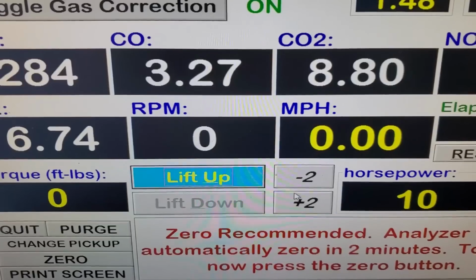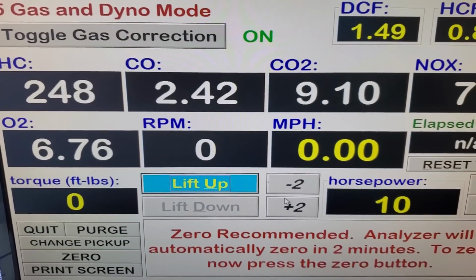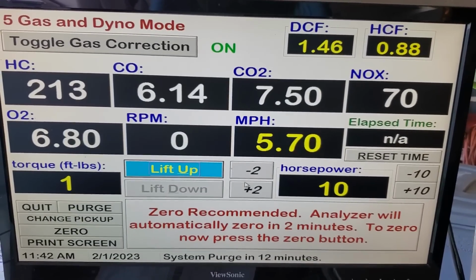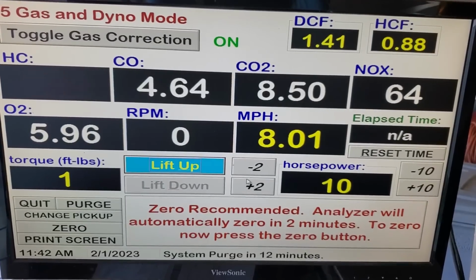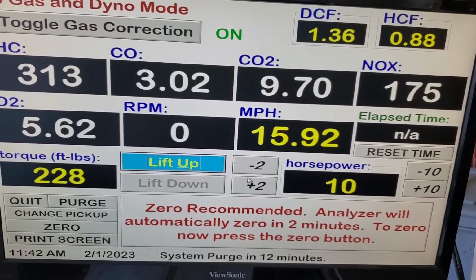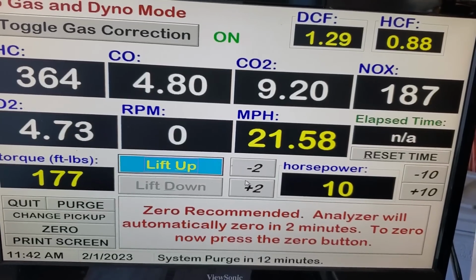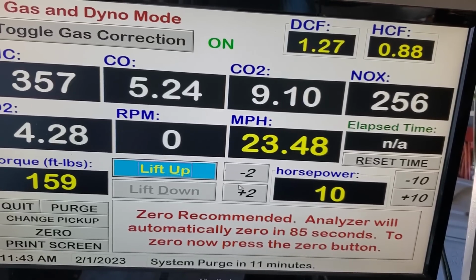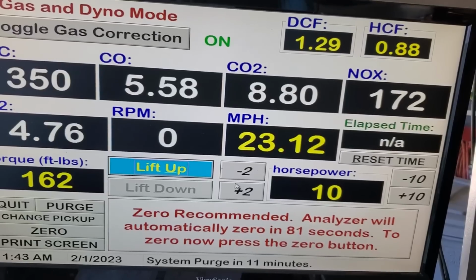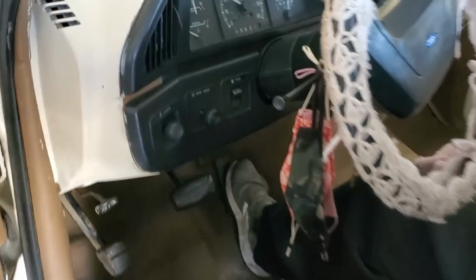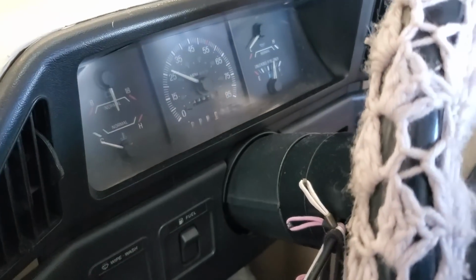Okay, drive it at, I don't know, 15, 25. It's cold.